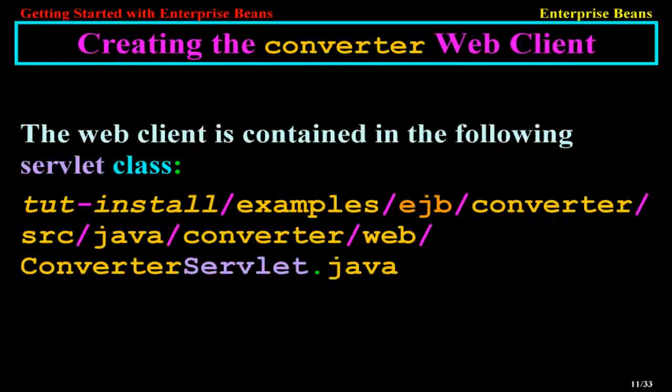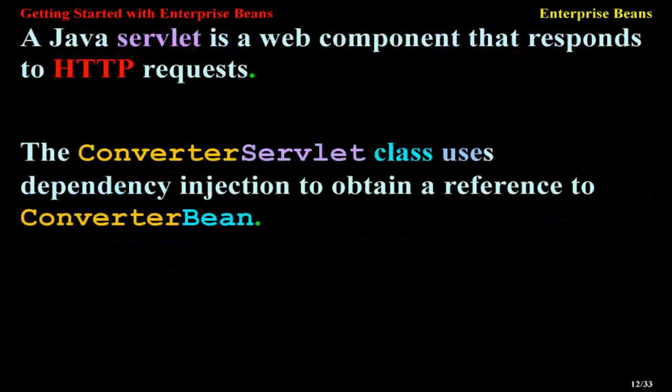Creating the Converter web client. The web client is contained in the following servlet class: tut-install/examples/ejb/converter/src/java/converter/web/ConverterServlet.java. A Java servlet is a web component that responds to HTTP requests.